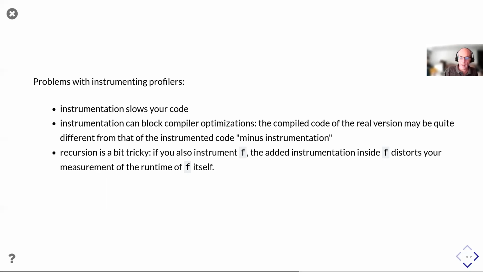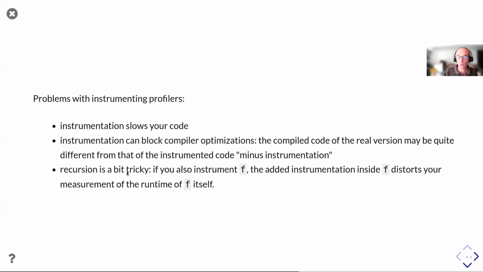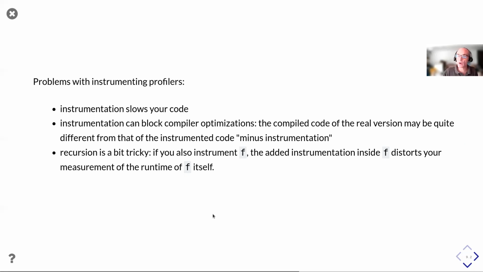And the problem is that if you're recording the time between operations, the compiler will realize that if it reordered any of these operations, it's not going to give you an accurate assessment of what the time was before each operation. And so the compiler won't perform those optimizations. And so in some cases, the running code with instrumentation is really very different code than the code that runs without the instrumentation. And so you're getting a misleading picture under those circumstances of where your code would be spending its time in the real world.